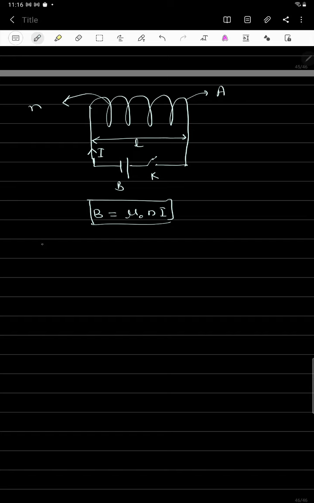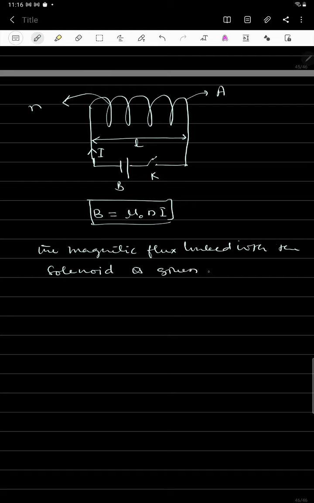The magnetic flux linked with the solenoid is given as, so flux is phi.